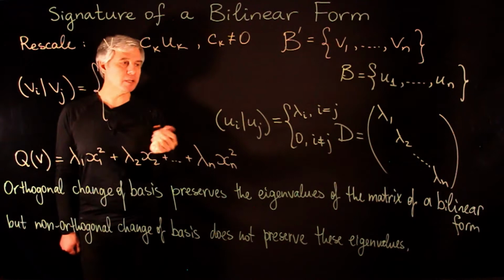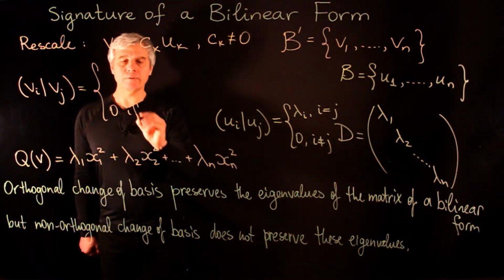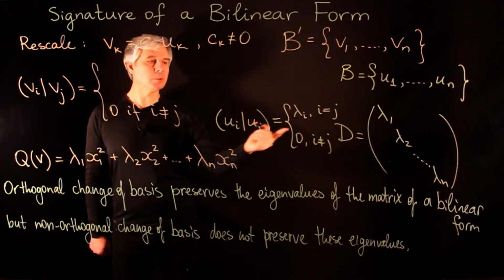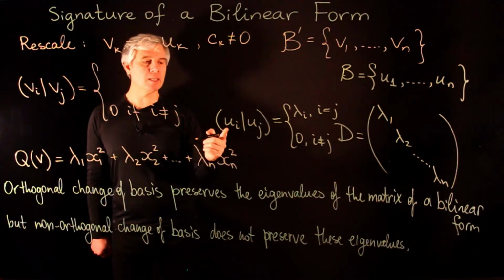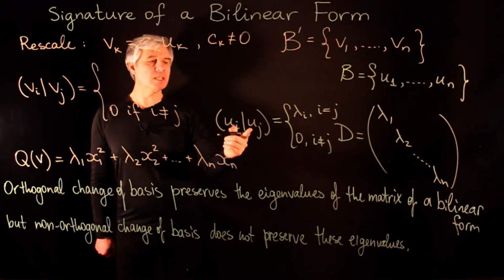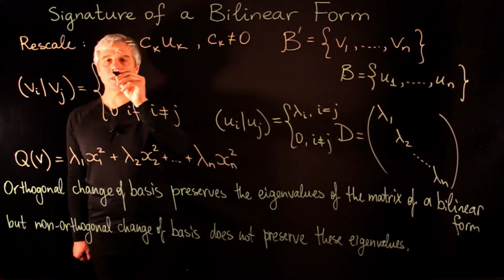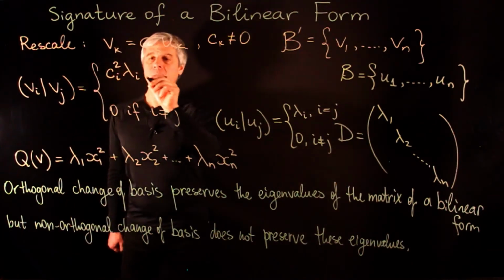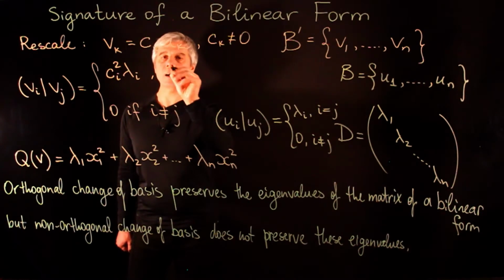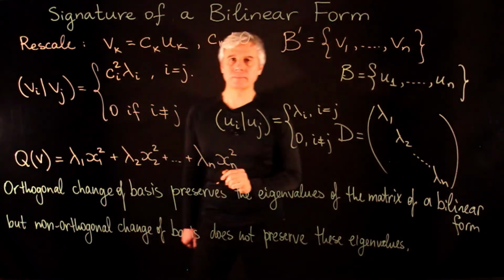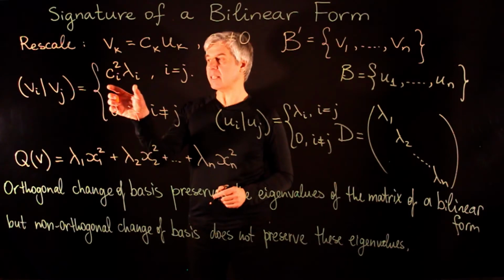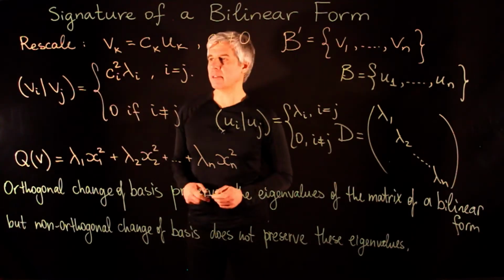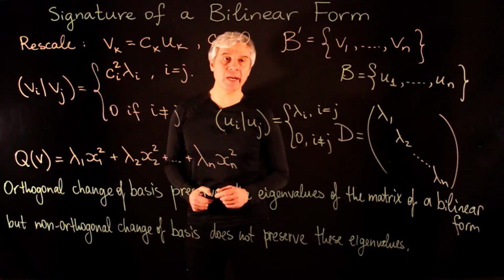Clearly, this will be still 0 if i is different from j. But when i is equal to j, then we are calculating Ci Ui with Ci Ui, and so this will be Ci squared times lambda i. And what we observe is that the eigenvalues in this new basis will change. What does not change under the rescaling is the sign of the eigenvalues.